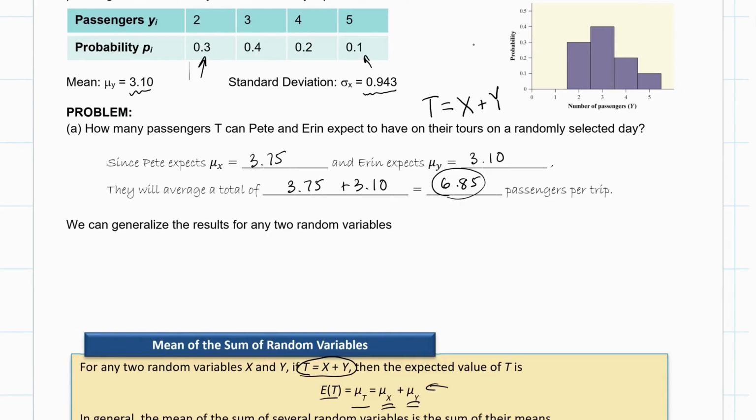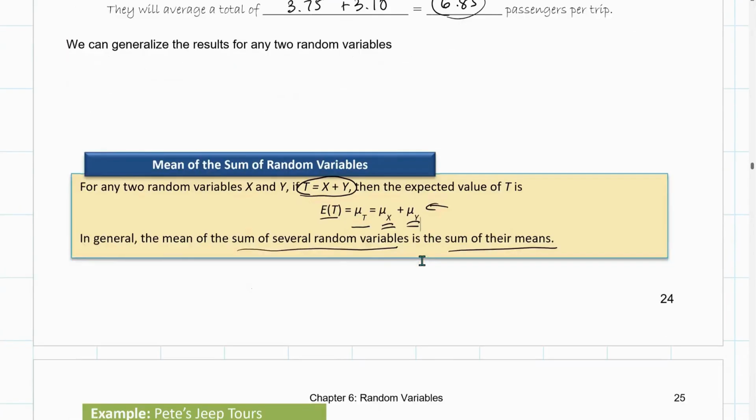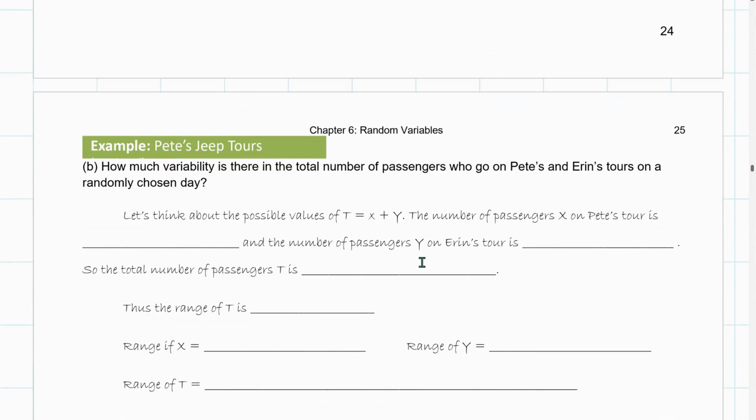Now, let's go on to the next page. Okay. Next page. So let's think about this idea. The number of passengers X on Pete's tour could be thought of as 2, 3, 4, 5, or 6. And the number of passengers Y on Aaron's tour could be 2 or 3 or 4 or 5.